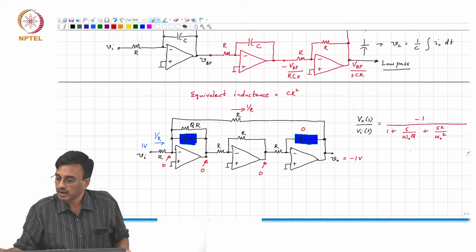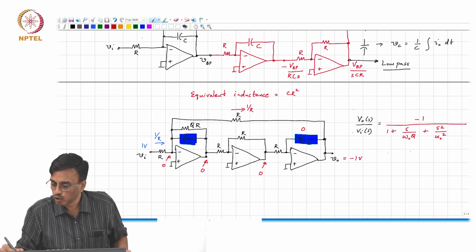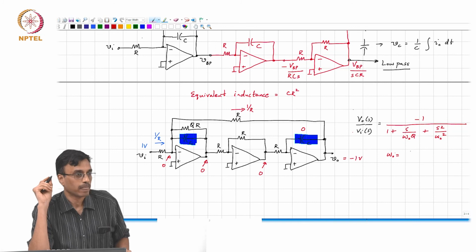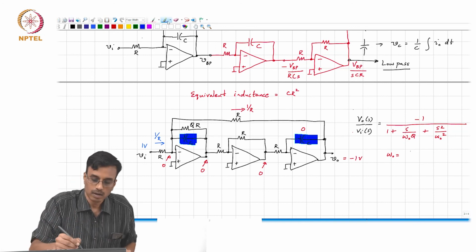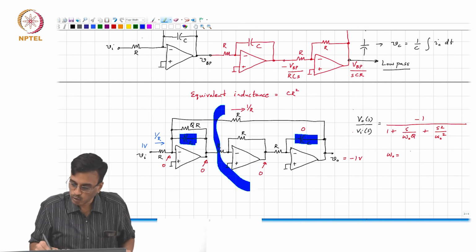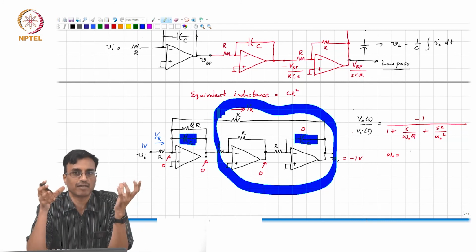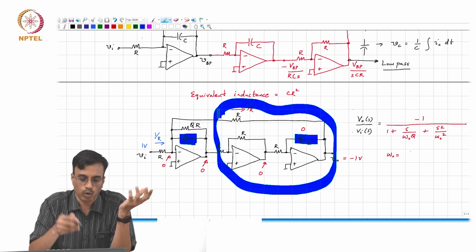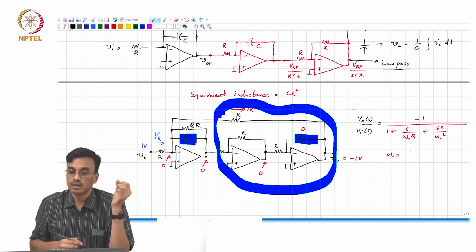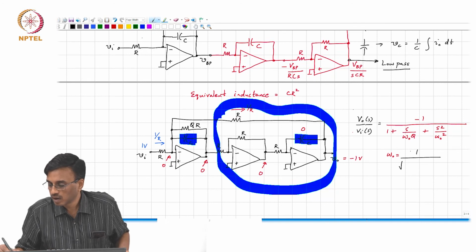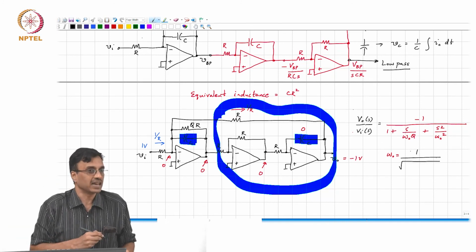And what is the expression for omega naught? Remember, this whole box here, what was it trying to do? It is trying to emulate the functionality of an inductor. And what is the value of that inductance? That is nothing but CR square.